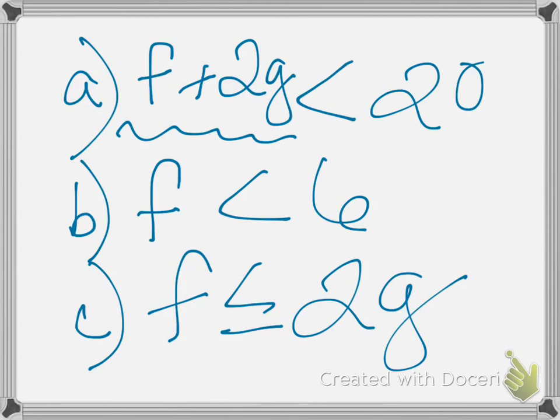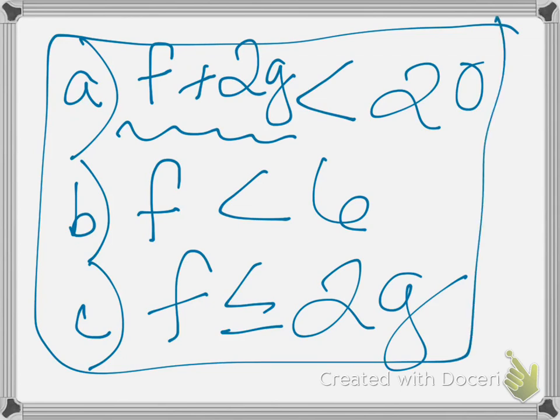Okay, so now we have to take all 3 of these and graph them all on the same graph that's on that problem below. Now notice that we don't have negative numbers because, believe it or not, there are no negative scores in basketball. So we won't be using negatives.